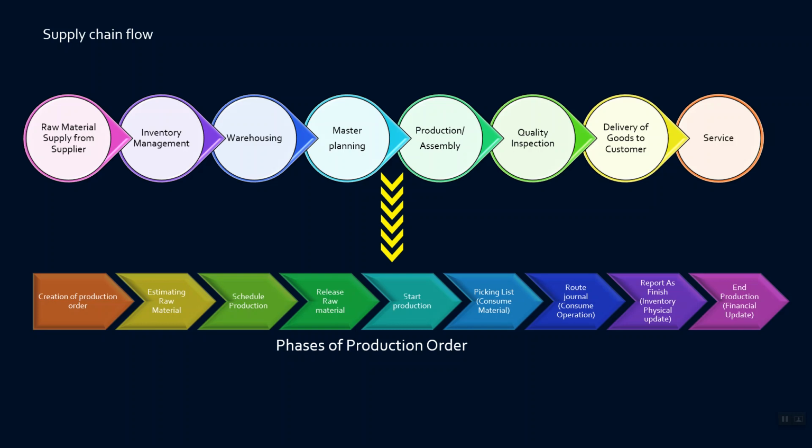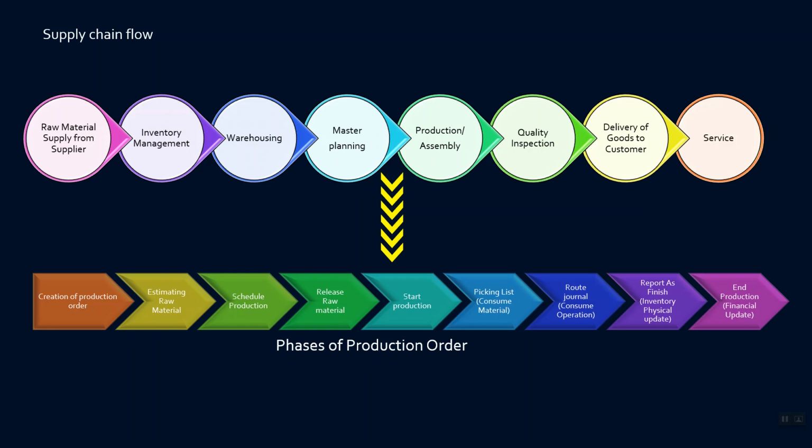Once you start, your picking list gets generated. A picking list is nothing but a list of the bill of material which is available in stock, and it is proof that you have consumed it. So at this stage, your inventory is consumed.